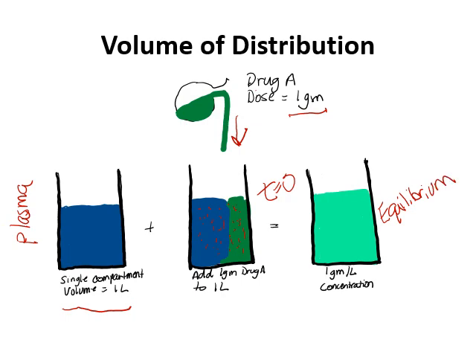And when you reach your equilibrium, you now have 1 gram per liter concentration. So that is what volume of distribution essentially is, if I could draw it out in this very crude picture here. It just means that you're injecting that drug and it's distributing into the compartment until you reach equilibrium. Again, that is dependent upon several factors.